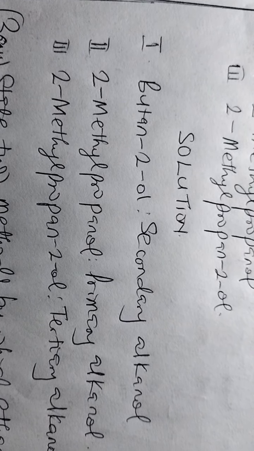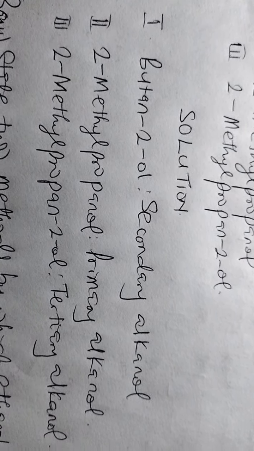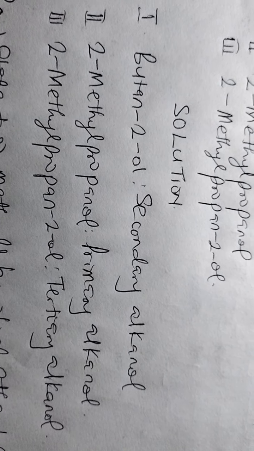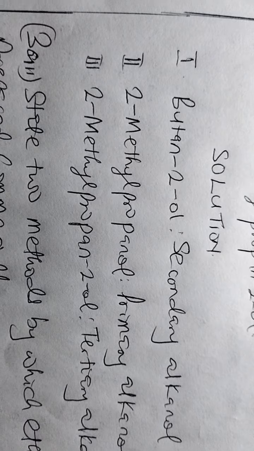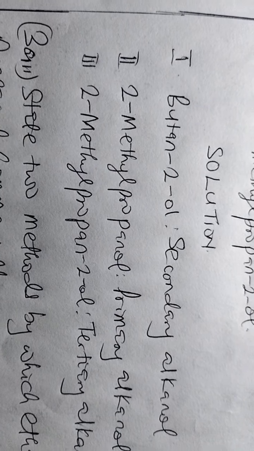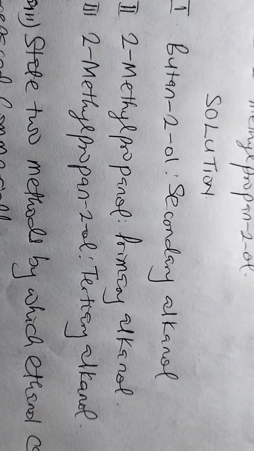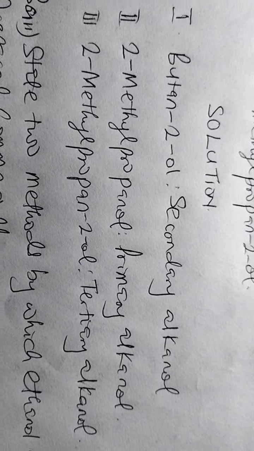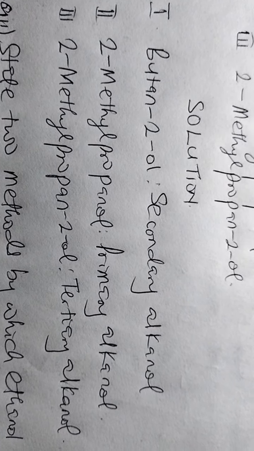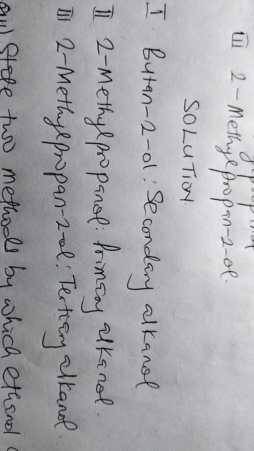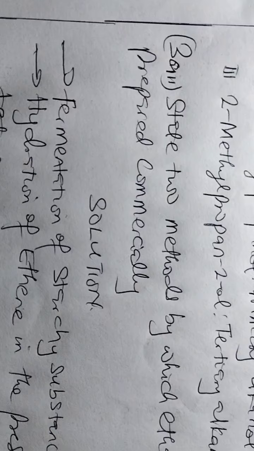II, 2-methylpropanol is a primary alkanol because it has only one alkyl group bonded to the carbon bearing the hydroxyl group. Then III, 2-methylpropan-2-ol is a tertiary alkanol because it has three alkyl groups bonded directly to the carbon of the hydroxyl group. So I is secondary, II primary, III tertiary.